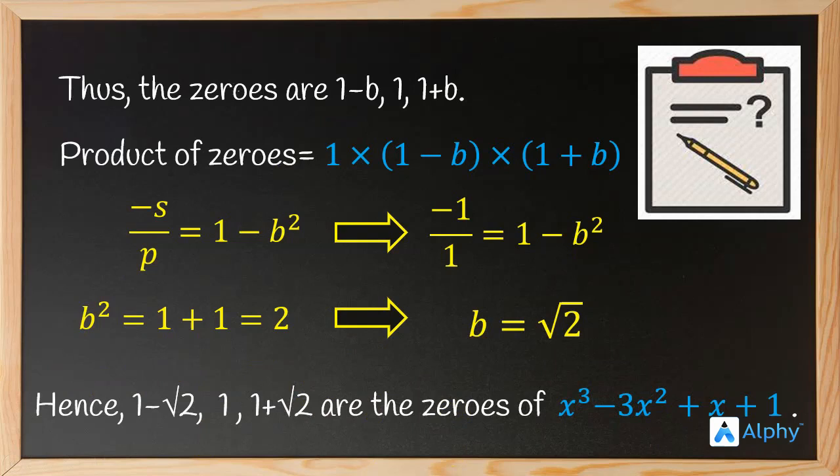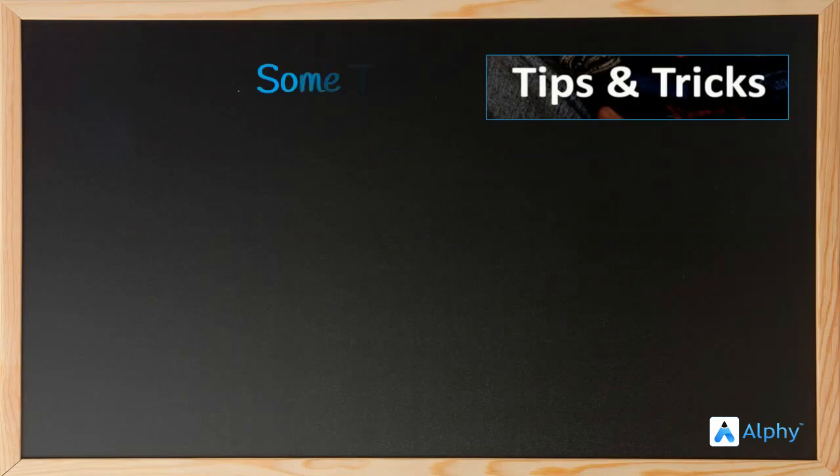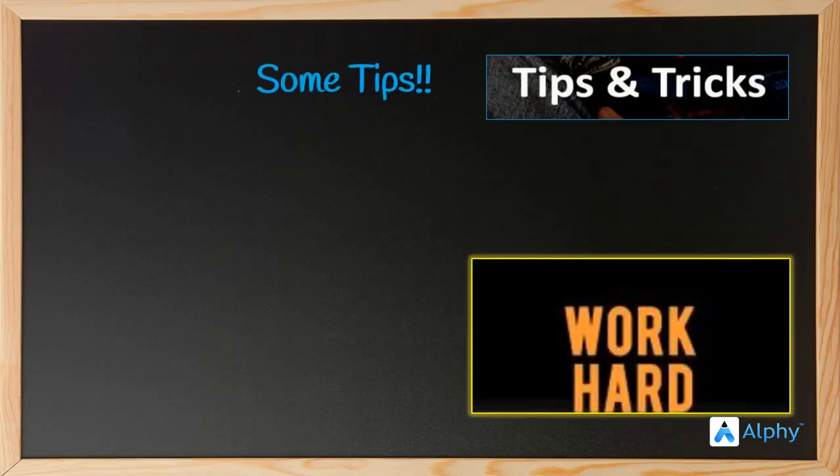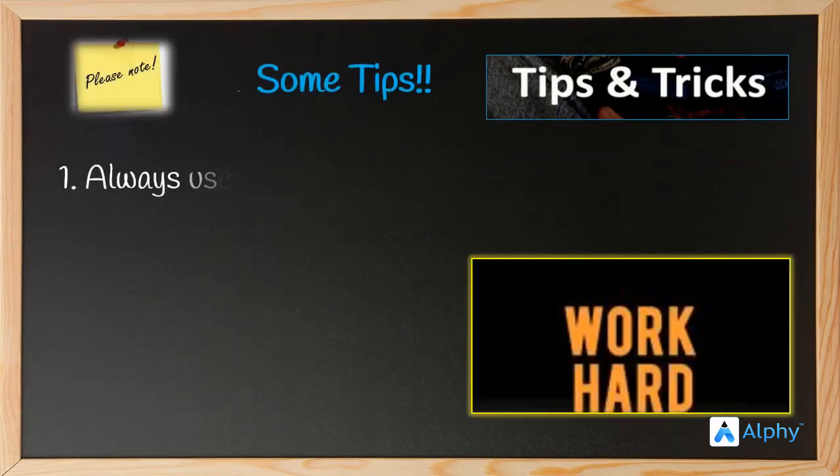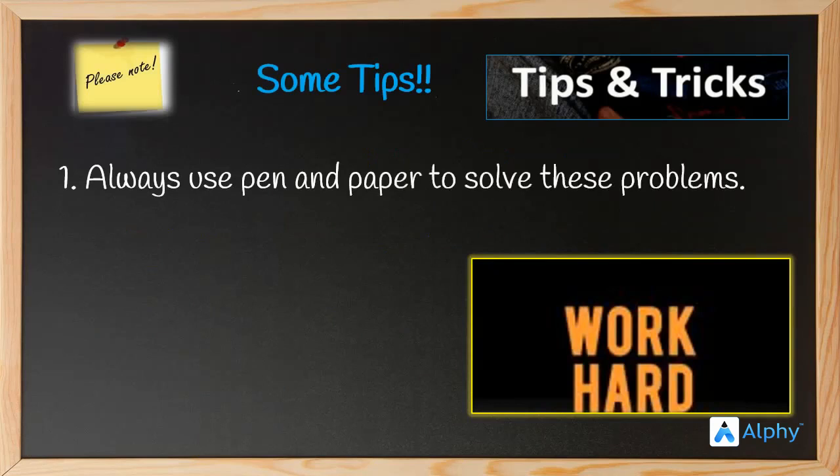Let's take a look at some tips and tricks which are going to help you in solving similar types of problems in future. Always use pen and paper to solve these problems. As you know, these problems involve a little bit of calculation and comparison between two polynomials, so it's best to use pen and paper and practice more and more.